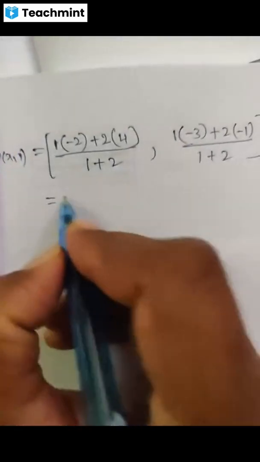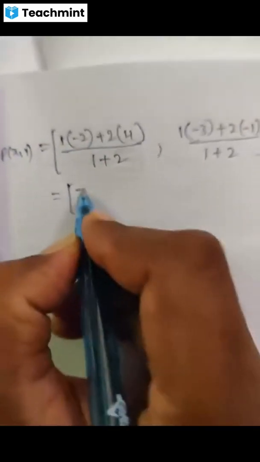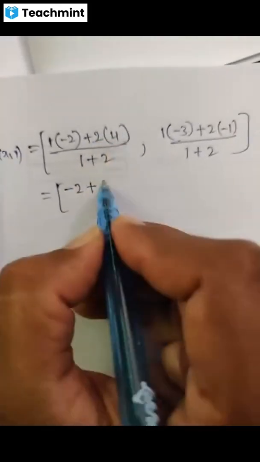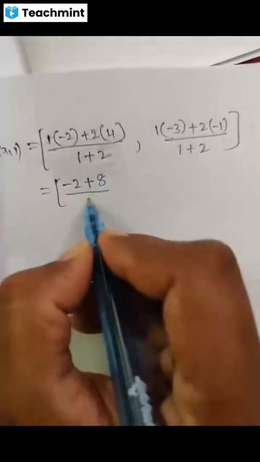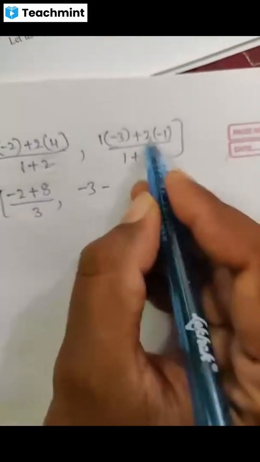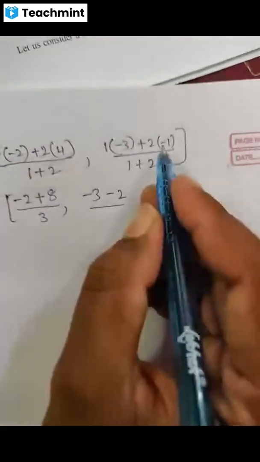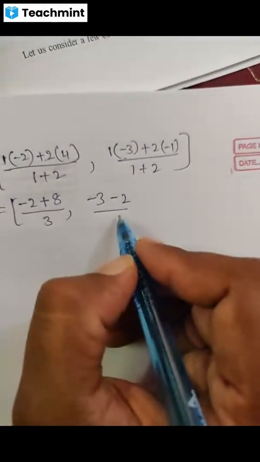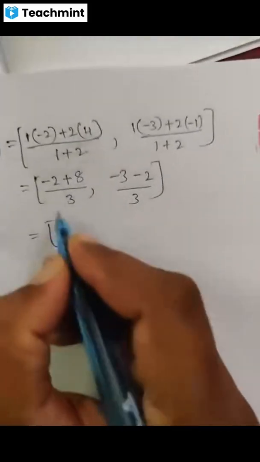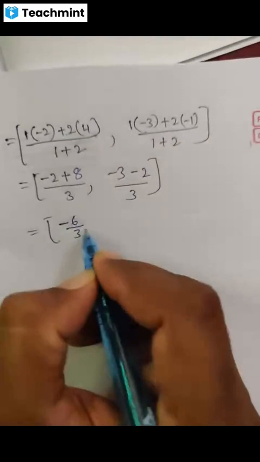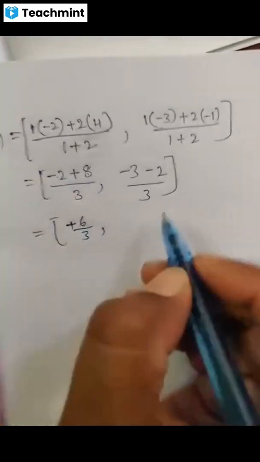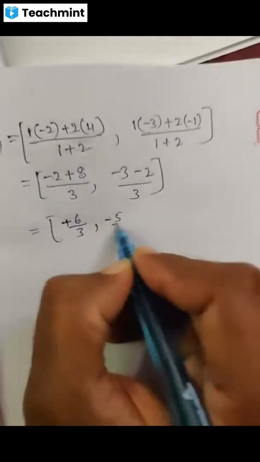So this is equal to 1 into minus 2 is minus 2, 2 fours are 8. 8 minus 2 is 6, divided by 1 plus 2 is 3, comma, minus 3 minus 2 divided by 3, which is minus 5 divided by 3.